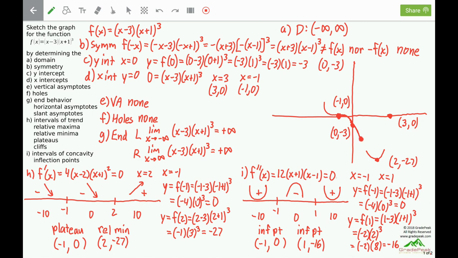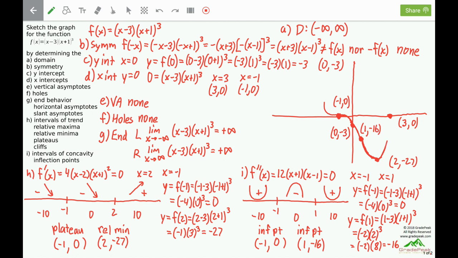And to the right of it, it's going to stay concave up from then on. And we can see it changing over to now being curving upward. And it will continue to do that after. We can label that point. It is 1 comma negative 16.